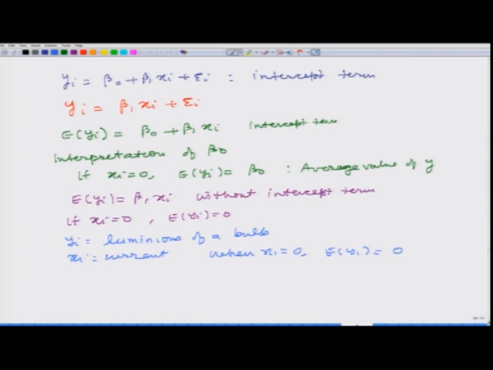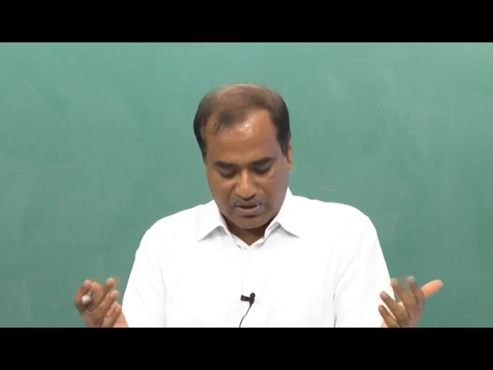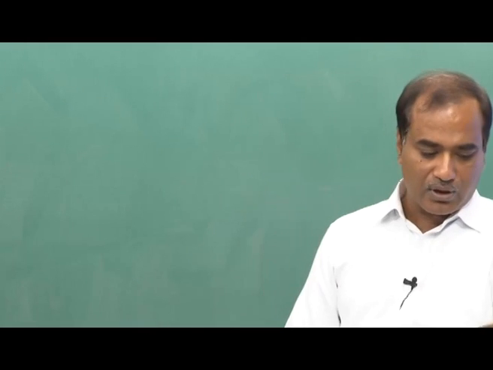So, there are situations in practice where sometimes I have to consider a model with an intercept term and sometimes without, and based on that I would like to show you, in this simple framework, what happens to the estimate of parameters. Now consider a model yi is equal to beta 1 xi plus epsilon i.